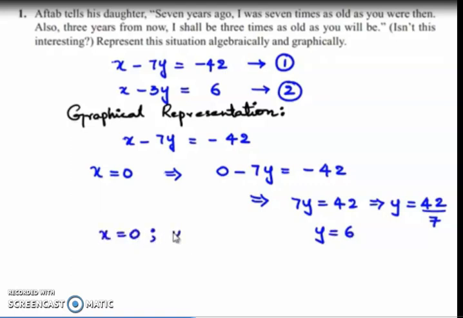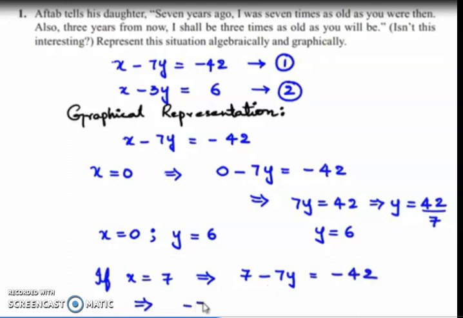For the second value, again I will take some value for one variable. x is equal to 7. You can take any which is convenient. So 7 minus 7y is minus 42. Then I will get minus 7y is minus 42 minus 7, that is minus 49, and this way I will get y is equal to 7.